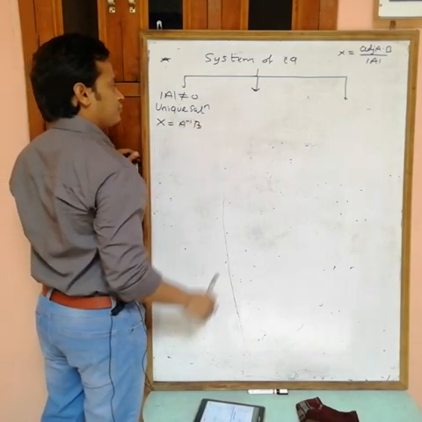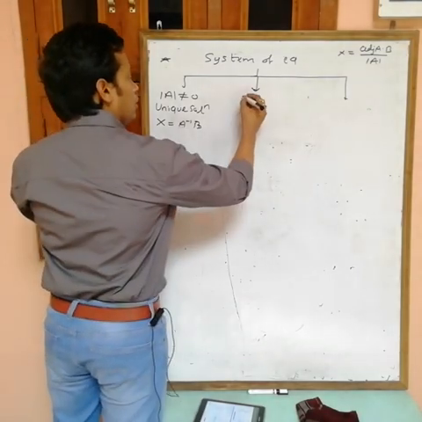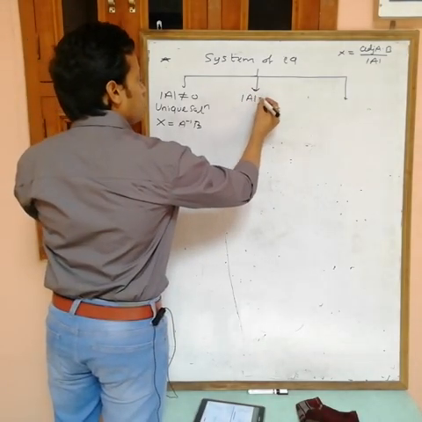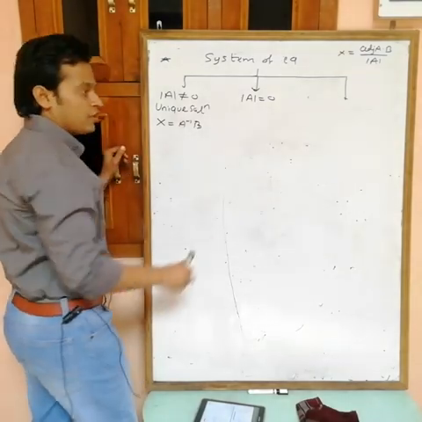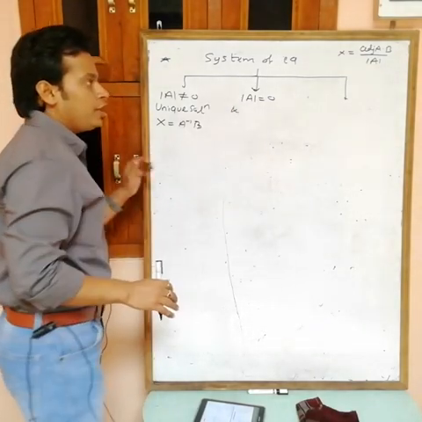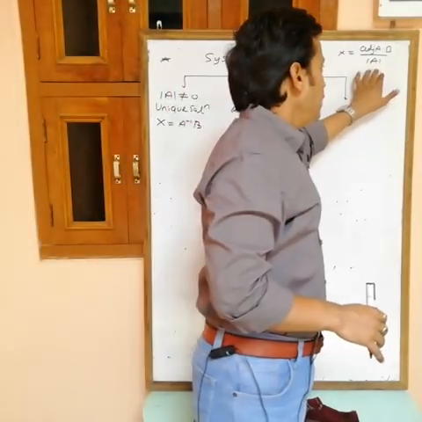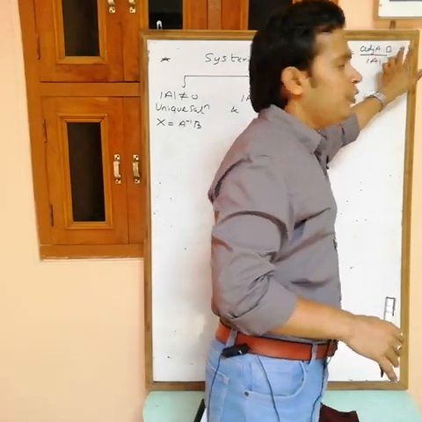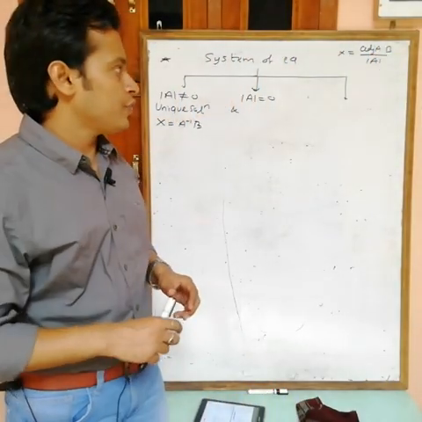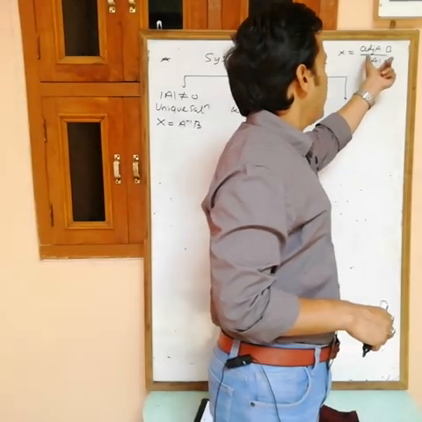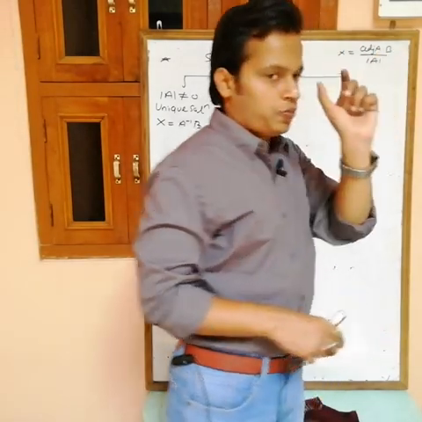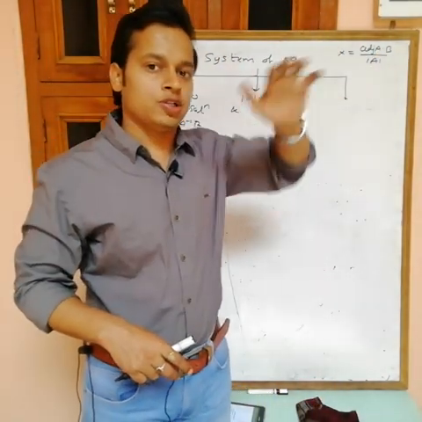Now if the determinant of A equals 0, and adjoint of A into B is also 0, that is, this product is a null matrix, then what are we getting? A 0 by 0 form.